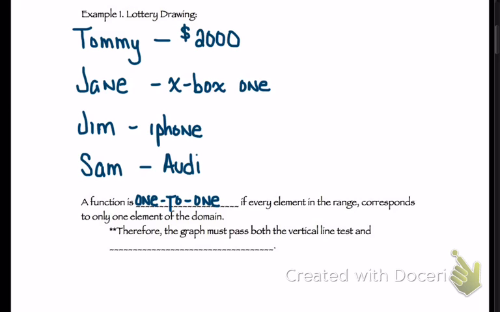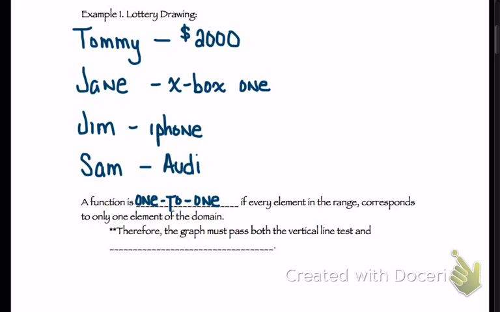In this one, the people would be the domain. What they won would be the range, which would be their y values. So the people would be x, what they won would be the y values. Here's how I'm going to explain what one-to-one means.